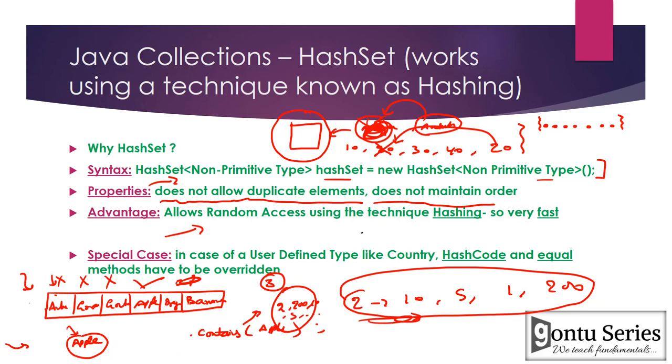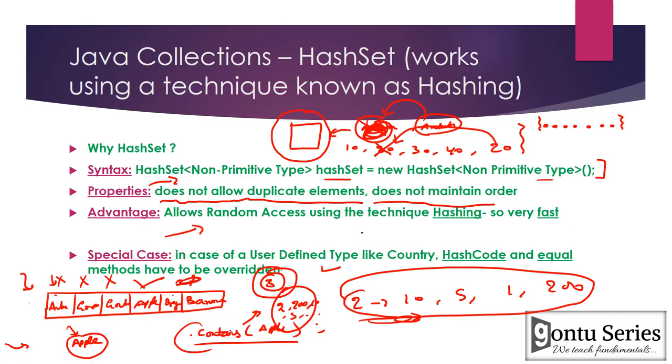So behind the scenes, when the system executes this function, it simply computes that if apple is present in this HashSet, then it must be present at the third position. So let's go and check the third position. If we find apple, great, we'll return true, that apple is present. And if at the third position we do not find apple, it means apple is not present.